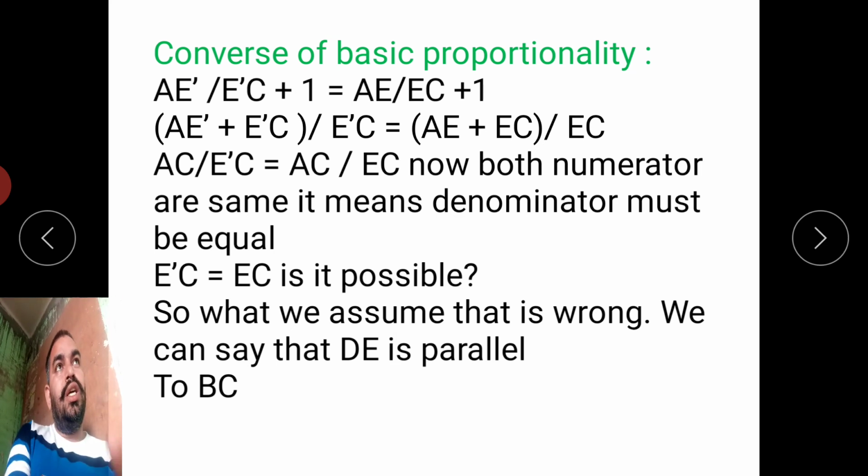We assumed that DE dash is parallel to BC, but we have to prove this wrong, because E dash C equals EC is possible only when the points E dash and E coincide. So our assumption is wrong, and that's why DE is parallel to BC.